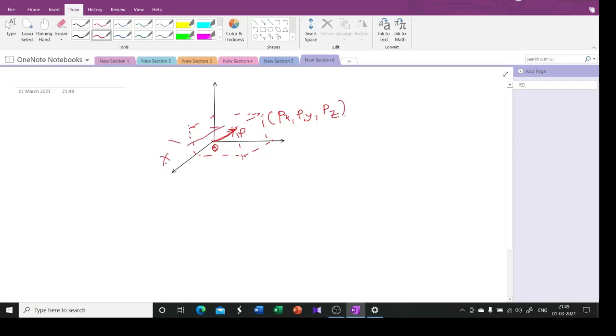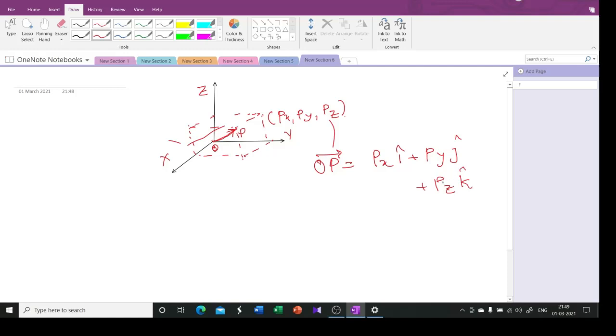This is your x-axis, this is your y-axis, and this is your z-axis. How would we represent OP? OP is simply Px i cap plus Py j cap plus Pz k cap.